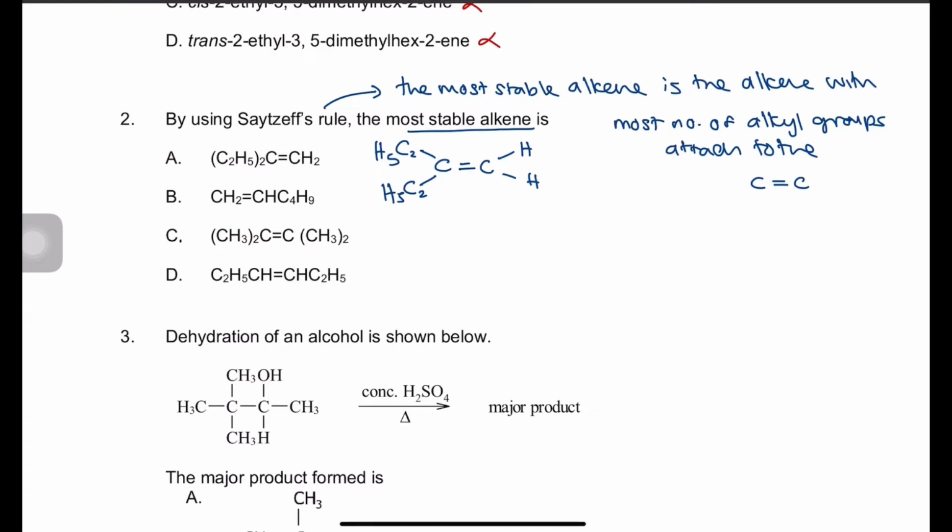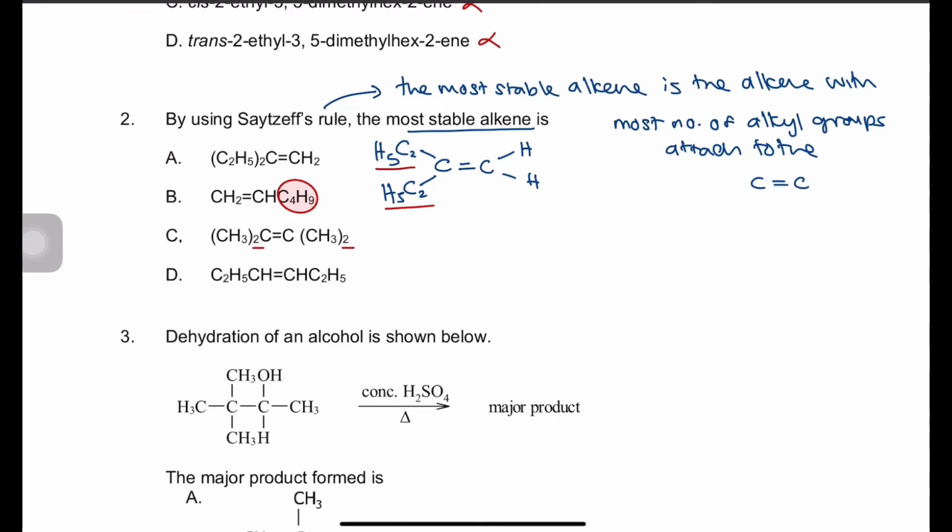Okay, so here we can see that option A has got 2 alkyl groups attached. What about option B? So option B, it's quite clear that there is only 1 alkyl group attached to the carbon at the carbon-carbon double bond. As for option C, we have got 4.